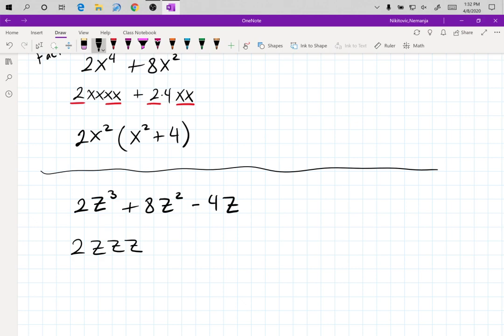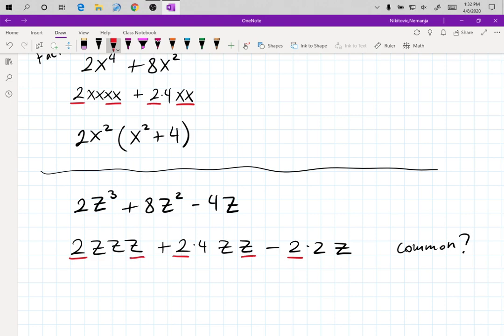Since we can kick out 2, here we go 2 times 4 and then 2 z's, and minus 2 times 2 with a single z. And you ask yourself what's common. Every one of these has a 2, and every one of these has at least one z.